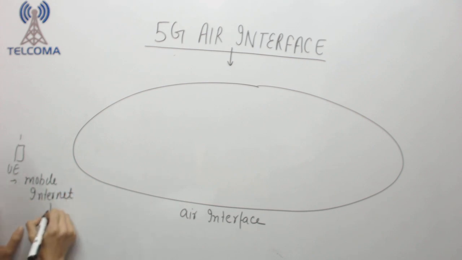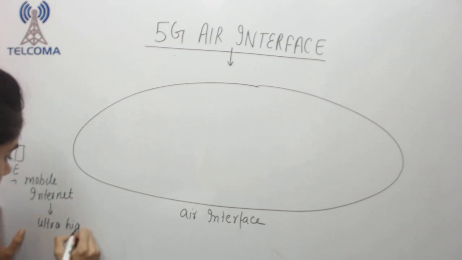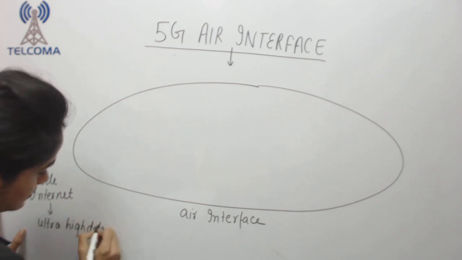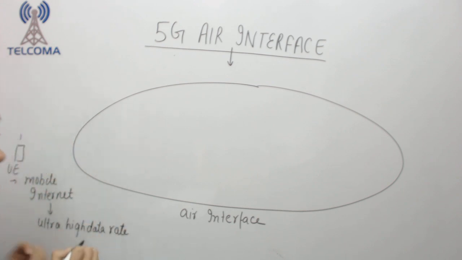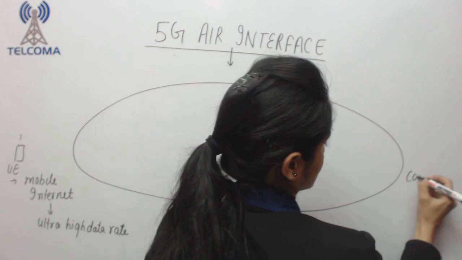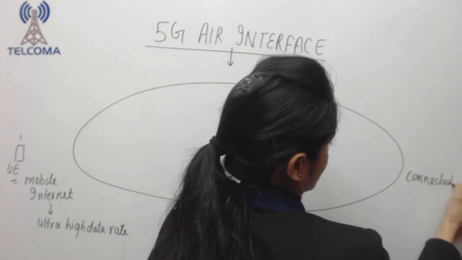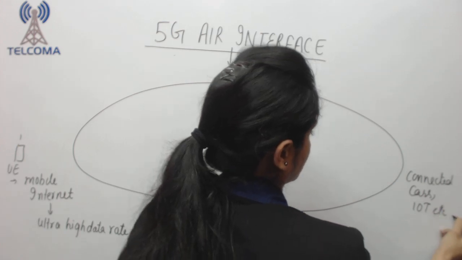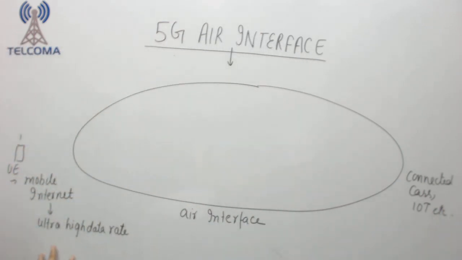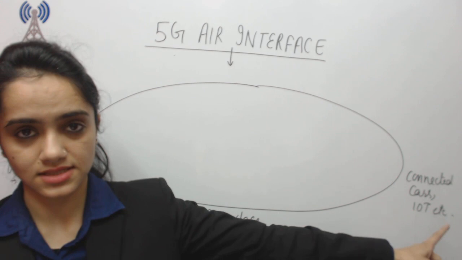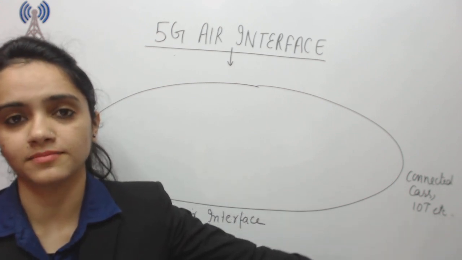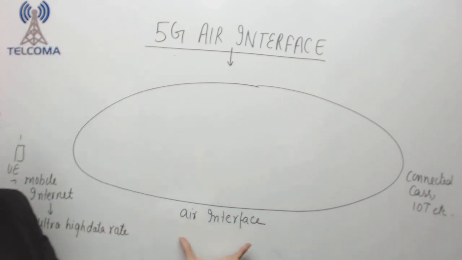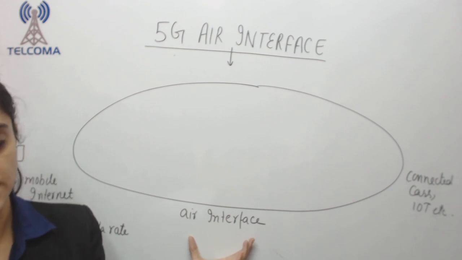That means it requires ultra high data rate. With the help of this ultra high data rate, we can have applications like connected cars, Internet of Things, etc. That means if we have such huge data rates, then only we can access the requirements or services provided by 5th generation. Now, what is there in the air interface of 5th generation?